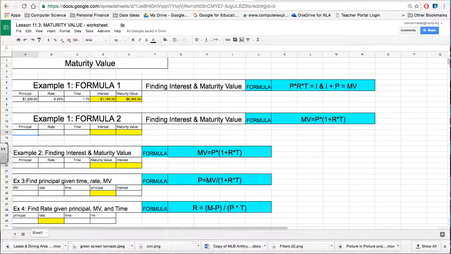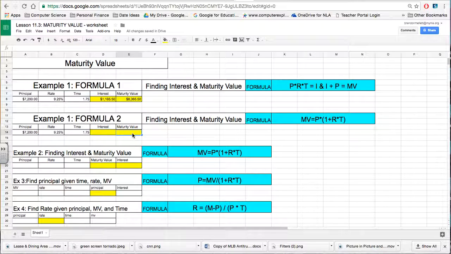So that's one formula to do. If we want to use a different formula, let's say we want to get straight to the maturity value, we don't want to waste our time in looking for the interest. There is a way to do that, and this is how you do it. The formula is quite simple. It's principal times parentheses 1 plus rate times time parentheses.